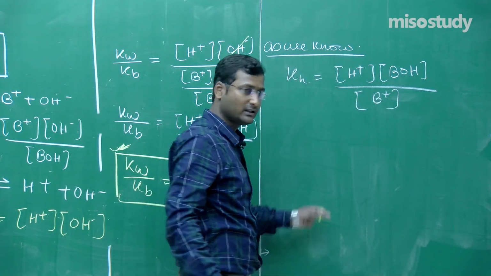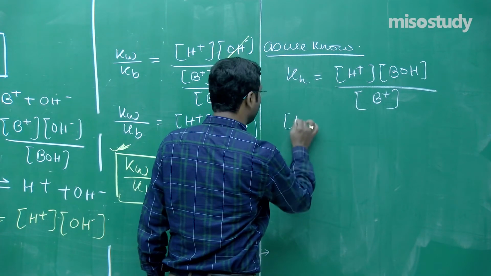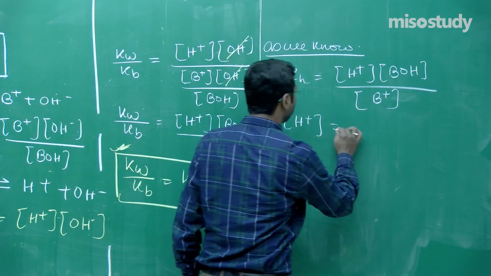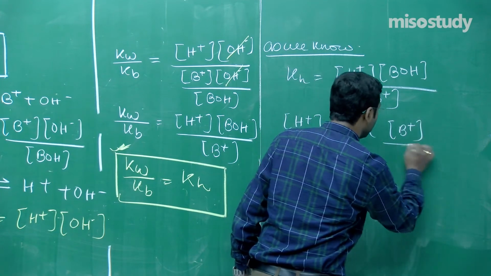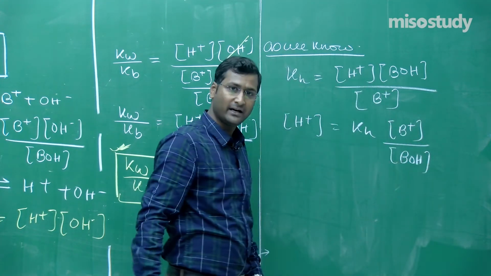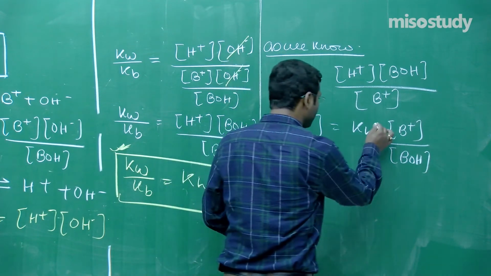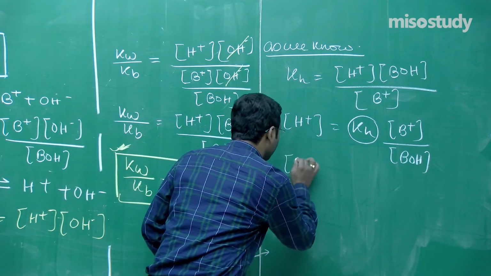Okay, friend? I think it is completely visible to you. Now you can write in terms of H plus like this: H plus is equal to KH into B plus upon BOH. Now, in place of KH, you can write KW upon KB.